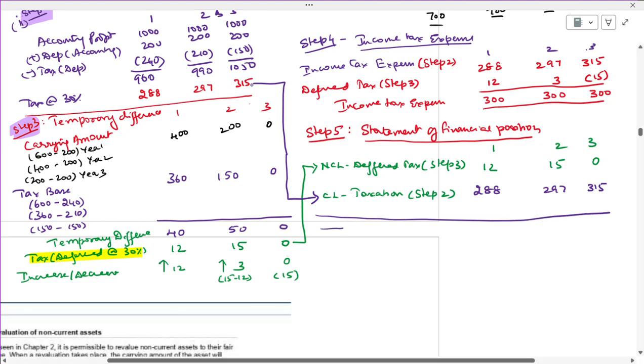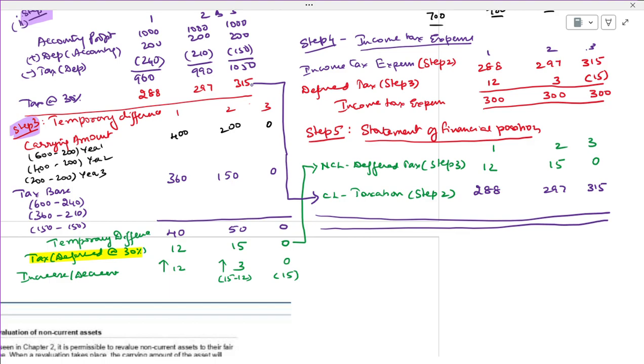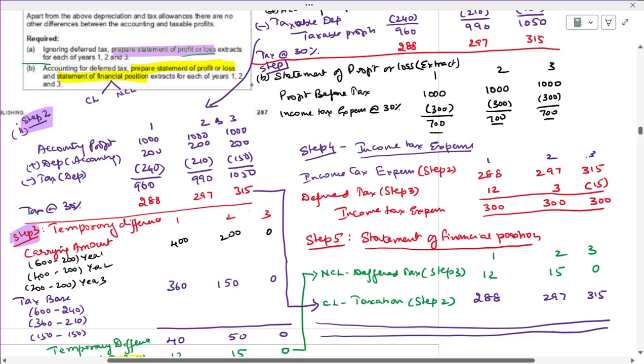Is it clear to you? Clear but lengthy. We cannot reduce the steps. Where we have taken time, we have done this repeatedly. If we had not done this, we would have saved 10 or 15 minutes.